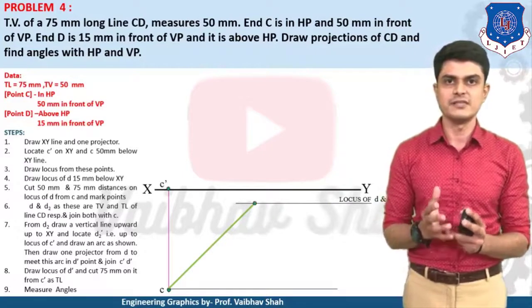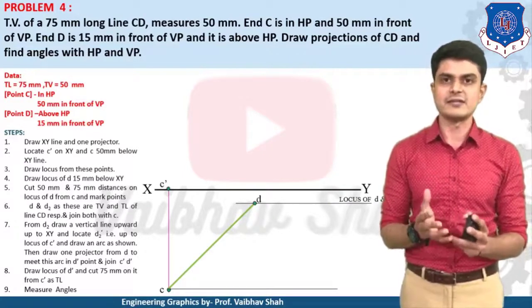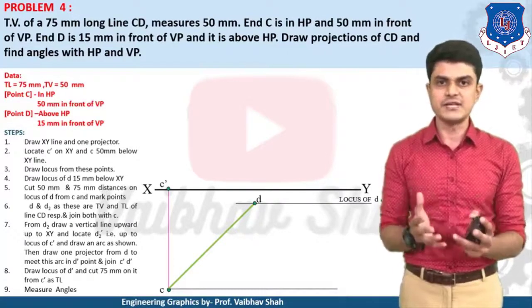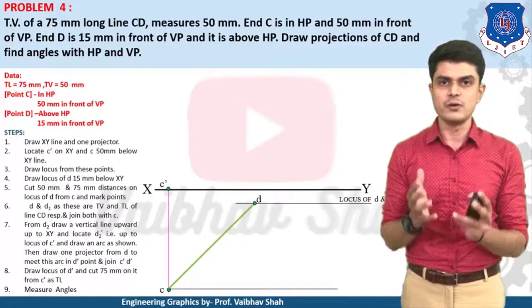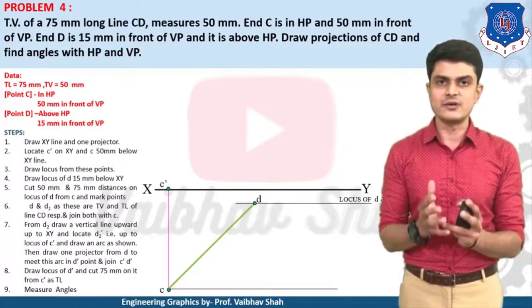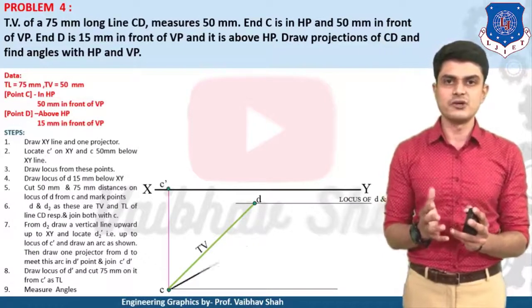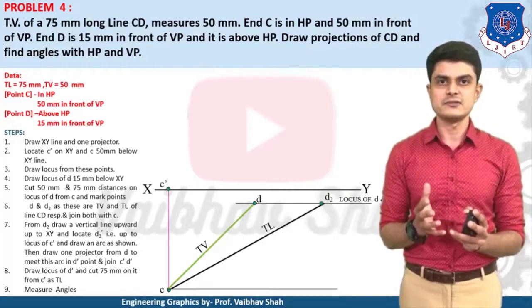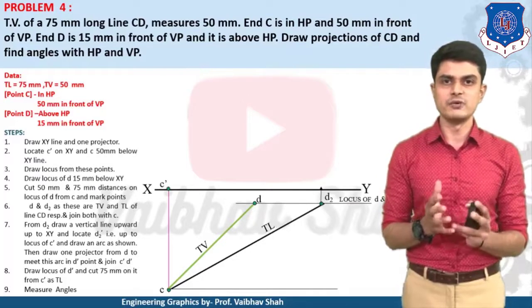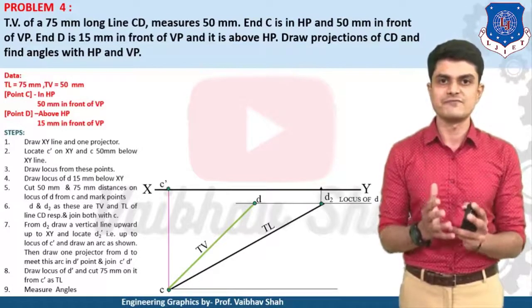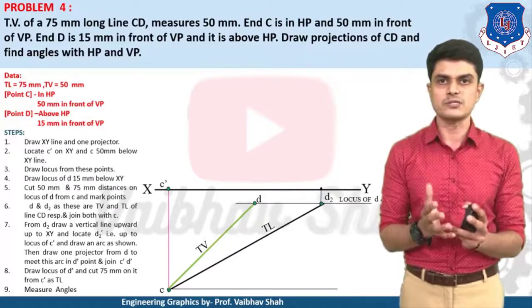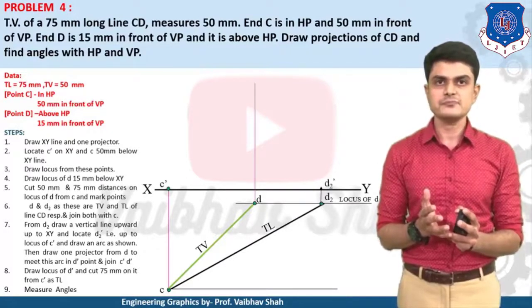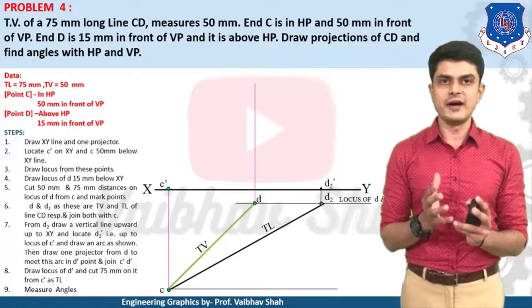We'll have this point, which is nothing but your point D. After that, let us take the dimension of the true length, 75 mm, on the rounder, take C as a center and cut this locus, and you will have your endpoint as D2 like this. Afterwards, to get the true length, we draw a vertical line from D2 until we reach the locus of C dash, and there we will have a point D2 dash.